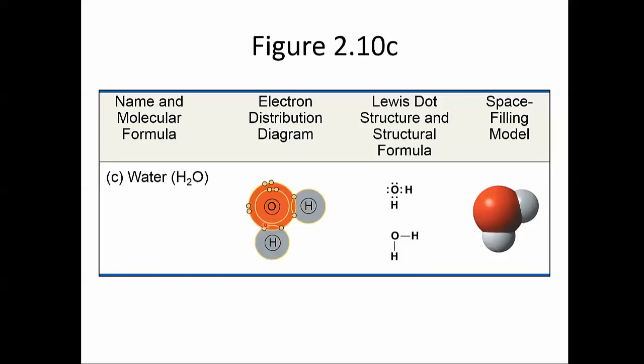So they share electrons, and that's how they get stuck together. They're both happy, but oxygen borrows electrons more frequently than it shares them, which makes oxygen slightly negative in this relationship.